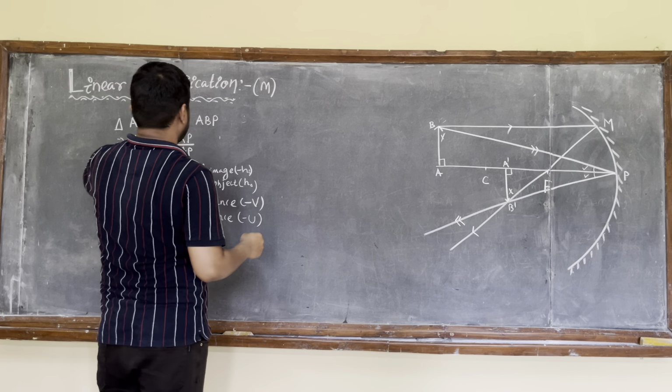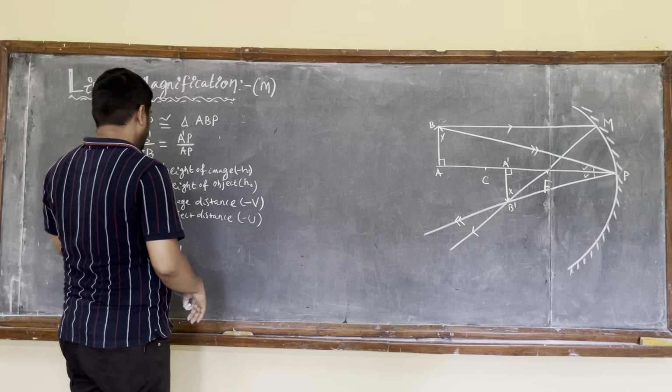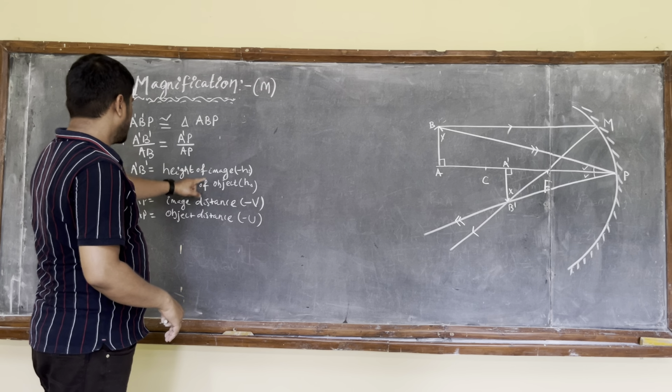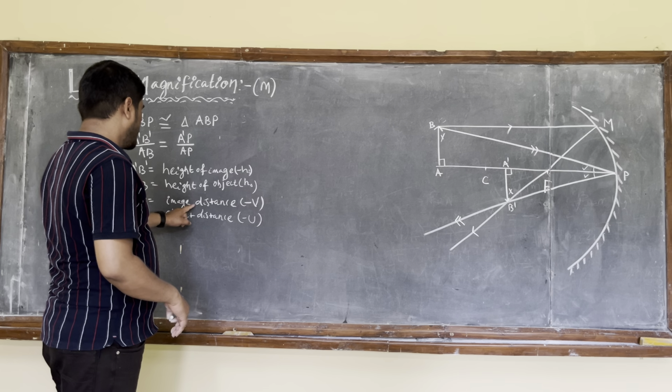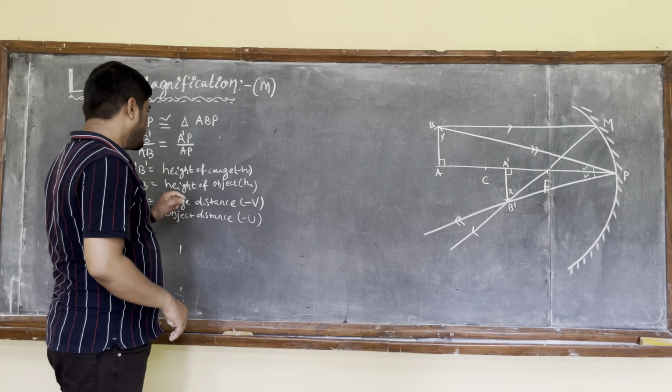So the magnification is the ratio between the height of image to the height of object, or the distance of image to the distance of object.